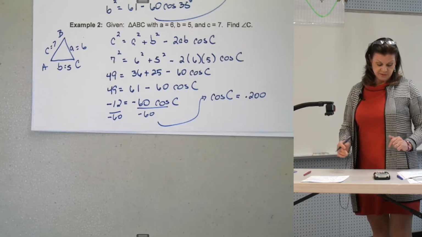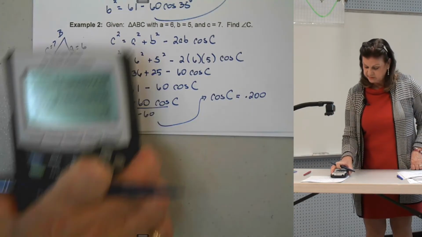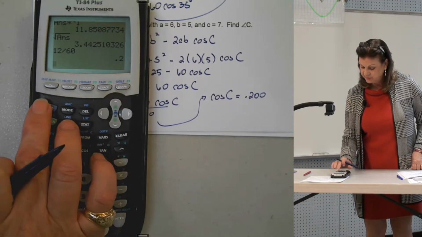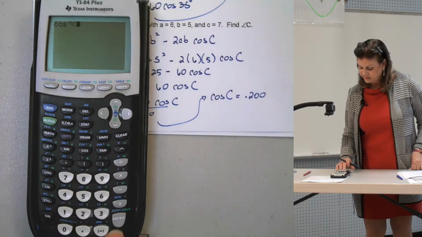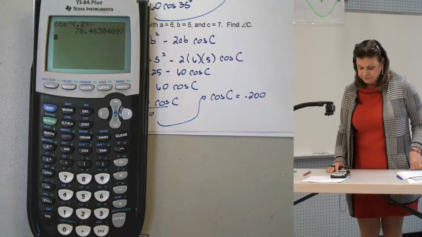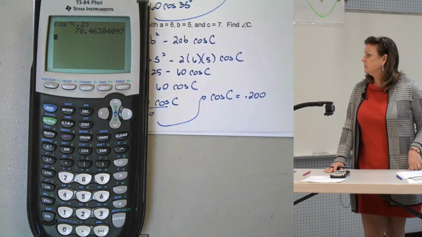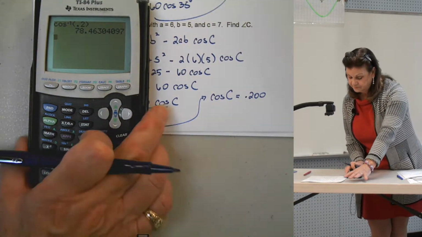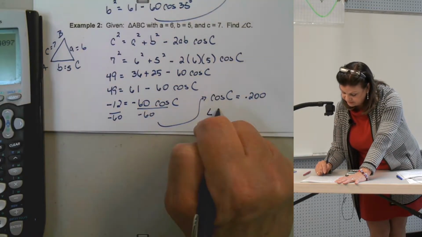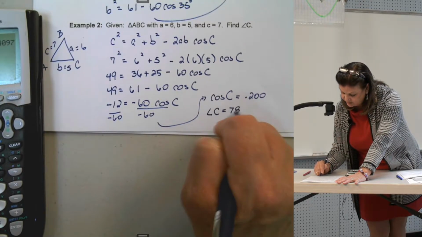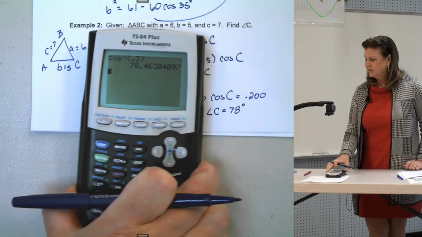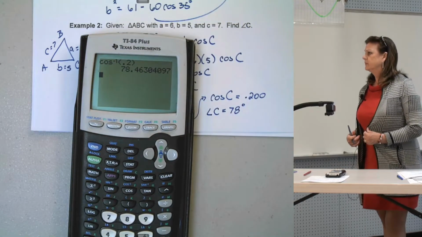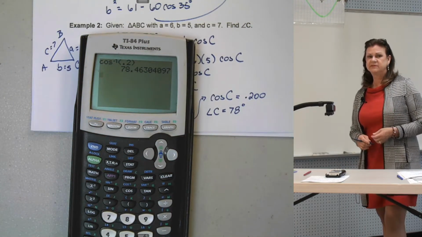Okay, so what do we do now? Well, of course, what angle has the cosine 0.2? And you get 78 degrees. So I know that angle c is 78 degrees. I would not round that up. 78.4 isn't going to round to 79.